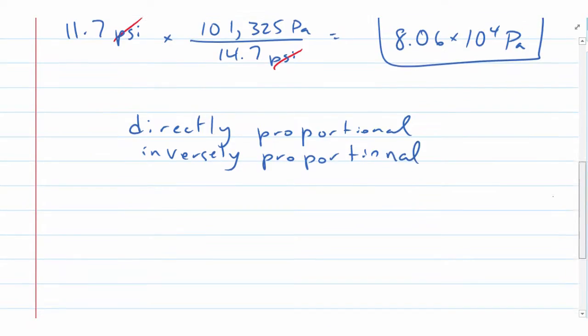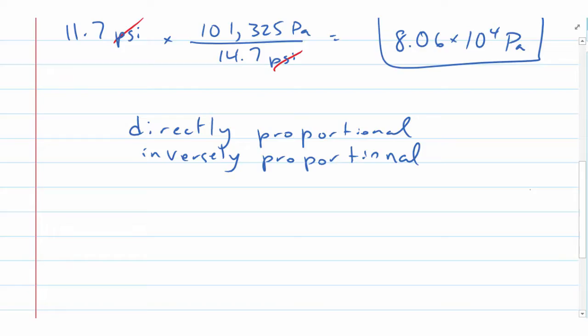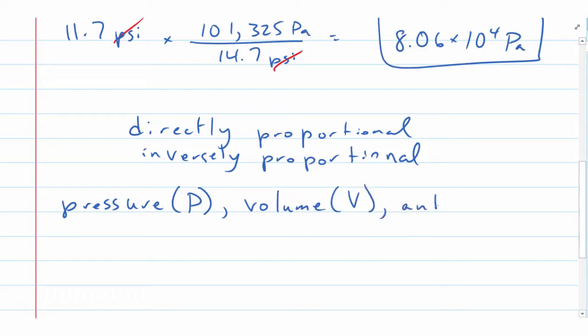And then we are also going to look at these as they pertain to the pressure of a gas, which we're going to label with the letter P, the volume, which we're going to label with the letter V, and the temperature, which we're going to label with the letter T.